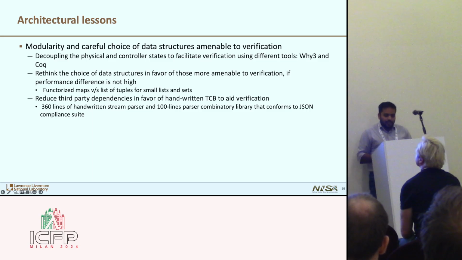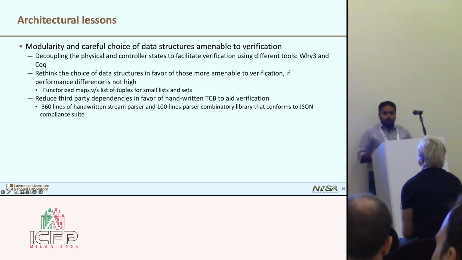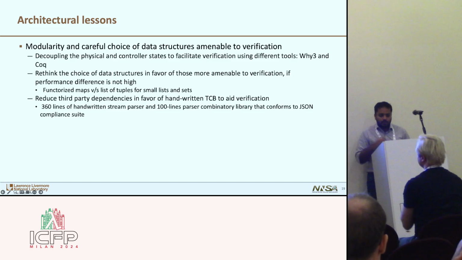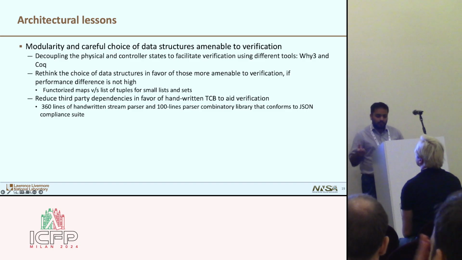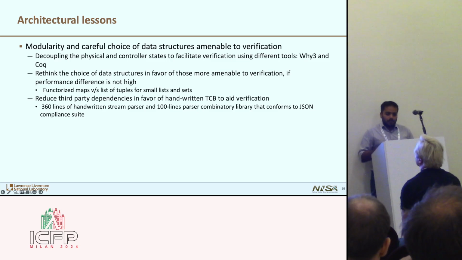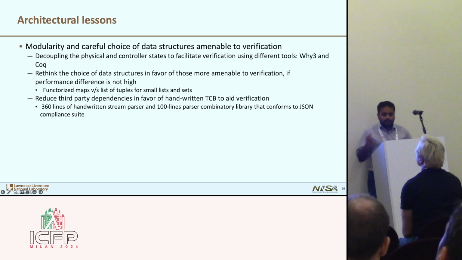The second lesson was that, as I mentioned at some point, we moved from functorized maps to list-based maps. In that case, we favored verification over performance and used structures which are amenable to verification. We were able to do that because we evaluated the performance differences, and we found out that it was not too high.